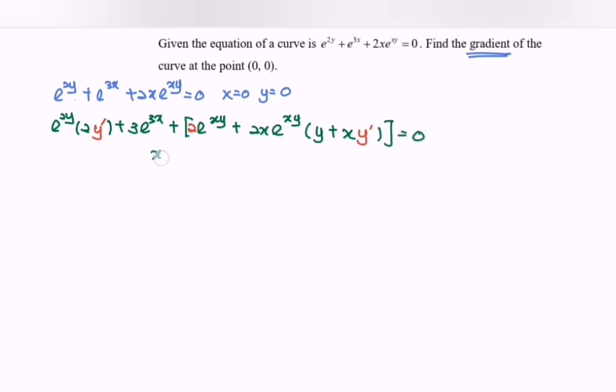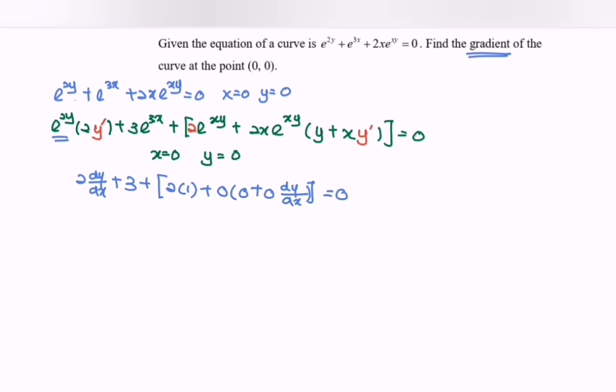So kindly substitute x equals 0, y equals 0. Then we notice that e^0 equals 1. So here we have 2 dy/dx plus 3 plus bracket 2 times 1, plus 0 multiplied with y, where we have 0, plus 0 times dy/dx, which equals 0.